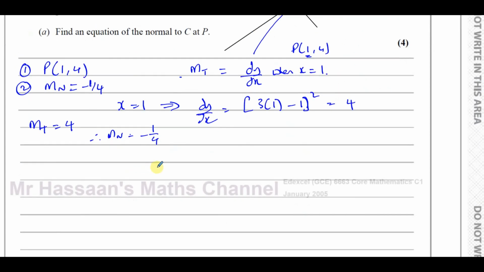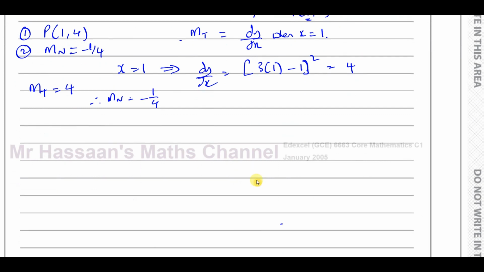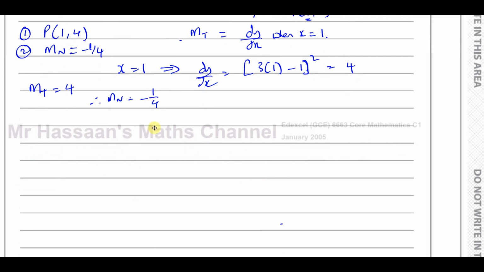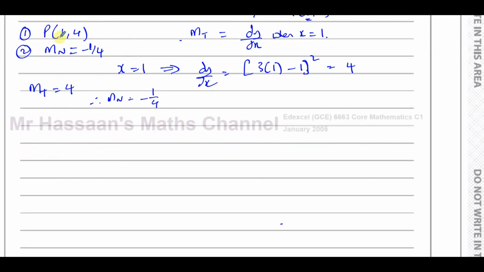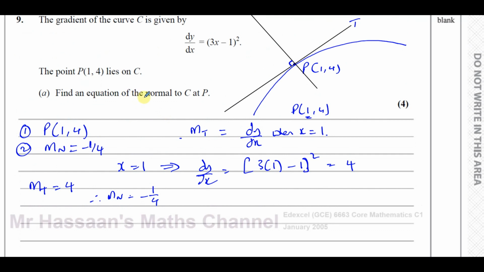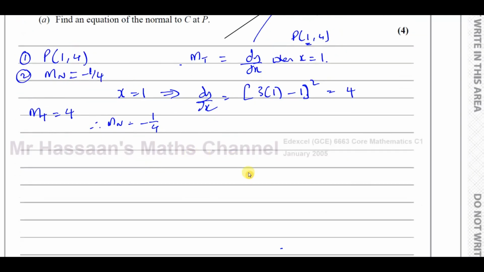So we can use that now to find the equation of the normal. I have these two bits of information, and I can use a variety of methods. It didn't tell me in which form they want the equation of the normal, so I can write it in whichever form I prefer. I like to use the method y minus y1 equals m times (x minus x1).